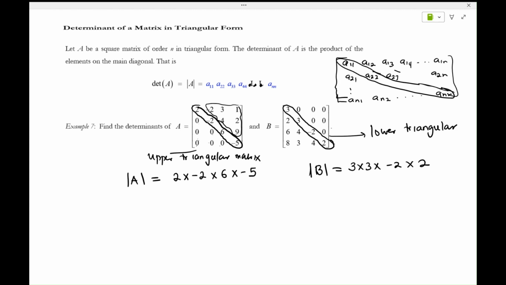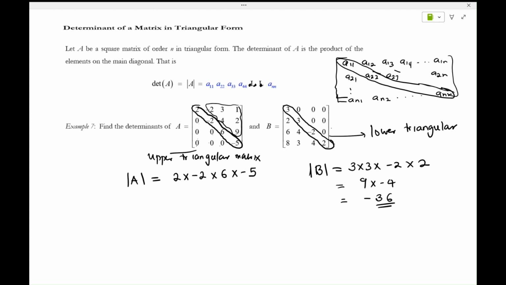So for example, in this case, what will be the determinant of A? For B, here we have 3 times 3, which is 9, times -4, which is -36, right?